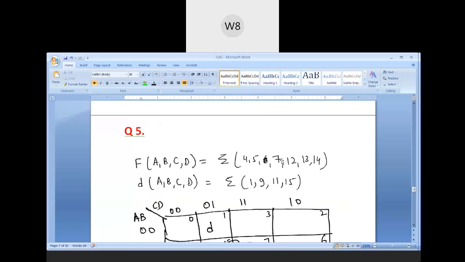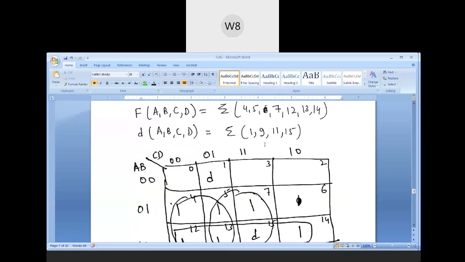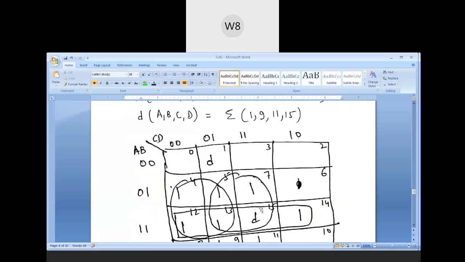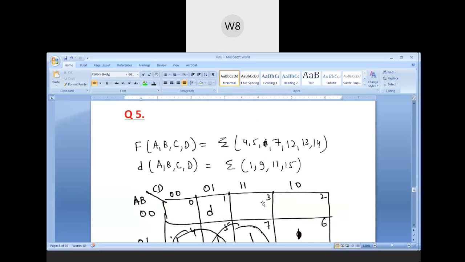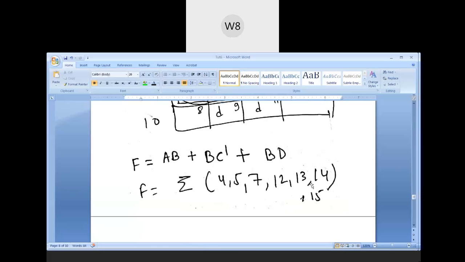They anyway had to be 1, but now one of the don't cares, corresponding to M15, has been treated as 1. So now this don't care, M15, has actually become a min term. So this M15 will now get added, and the function as sum of min terms will now be given by this expression.